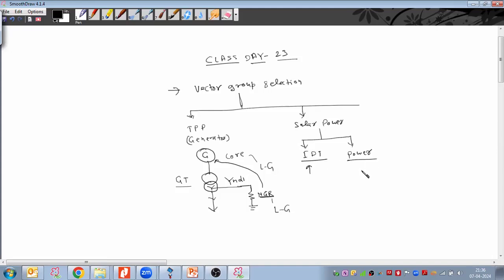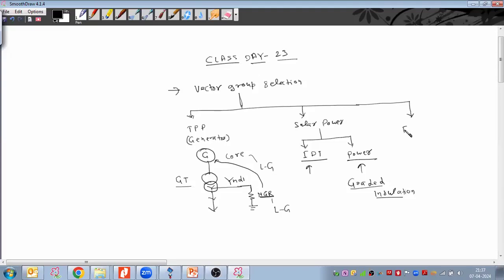And in case of the power transformer, also what we discussed, what vector group we select for the power transformer. Correct now. This is what we have discussed yesterday. And then after we discussed the advantage and disadvantage of graded insulations, the advantage of graded insulations on the star connections.